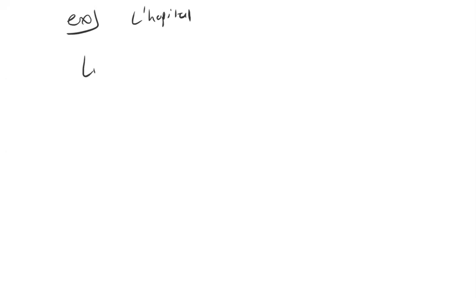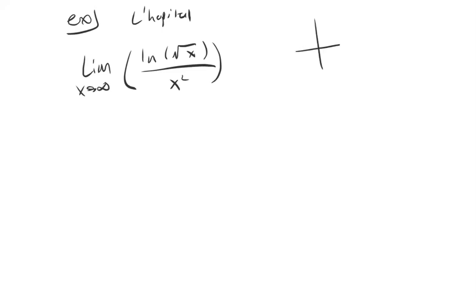So let's take a look at limit as x approaches infinity of log of the square root of x over x squared. Now, if we think about this as competing functions, right? The growth rate of the log function is actually pretty low, right? Because if you think about what the log looks like, it kind of just ambles off gently, right? It does go to infinity, but it takes a while.